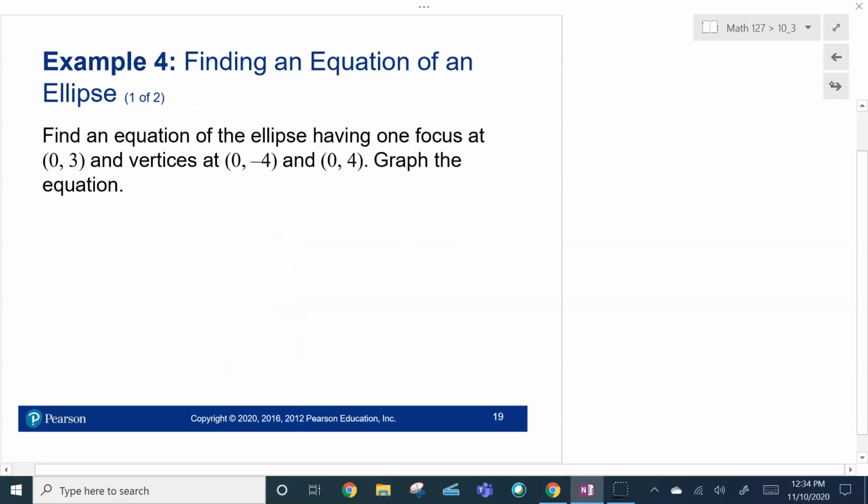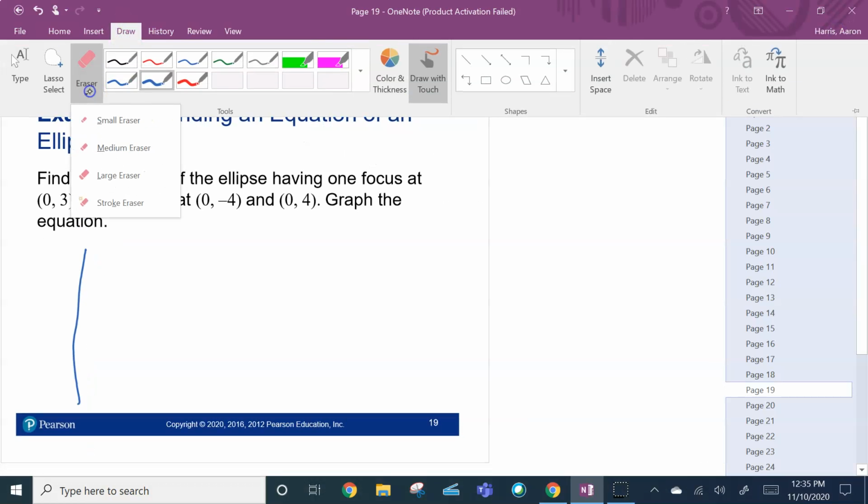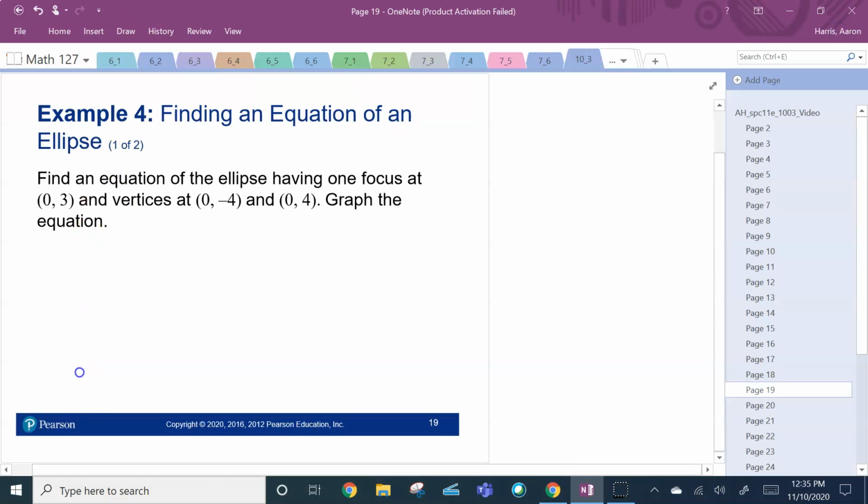Okay, for example 4 here, find the equation of the ellipse having a focus at 0, 3, so we know a focus, and vertices at 0, negative 4 and 0, 4. Let's just draw this. Let's not draw totally crooked.